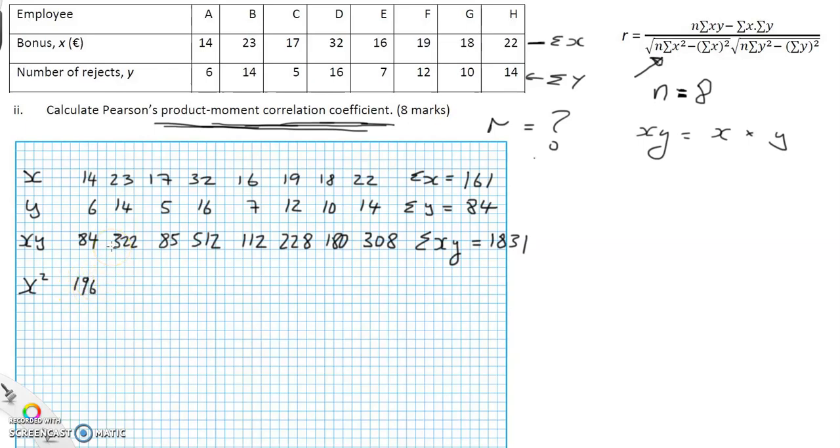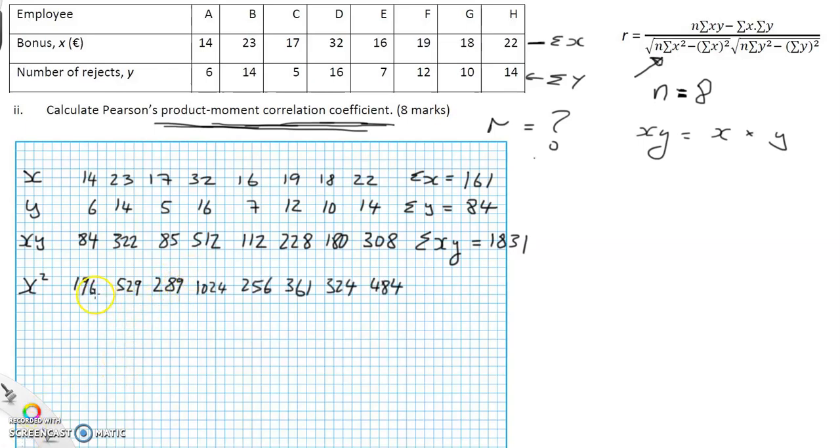And the next one is going to be 23 squared. And I got 529. 17 squared is 289. And I'm going to do the rest of them now offline.